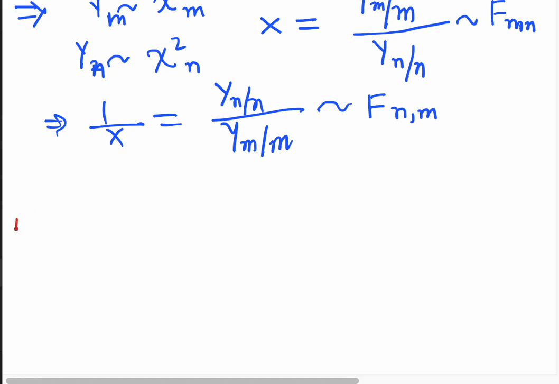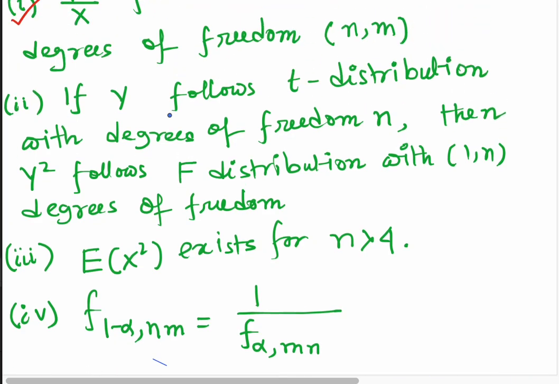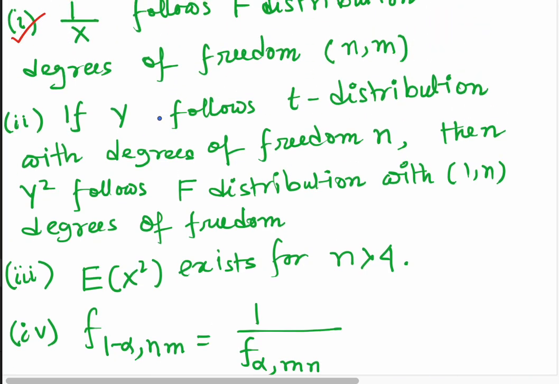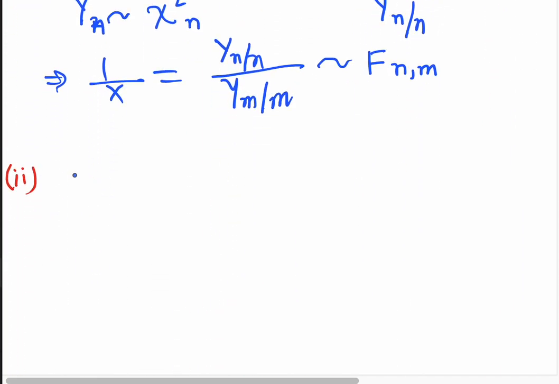For the second, suppose y follows a t distribution. Then suppose z follows a standard normal distribution and x follows a chi-square n distribution.